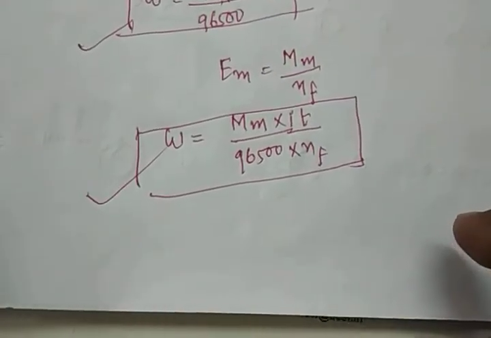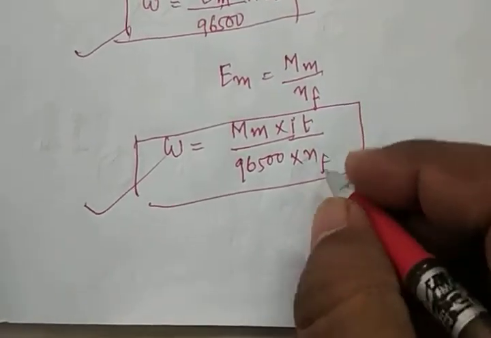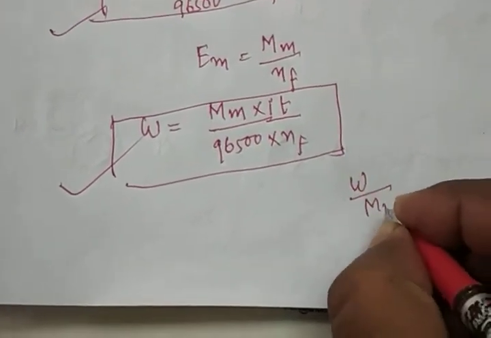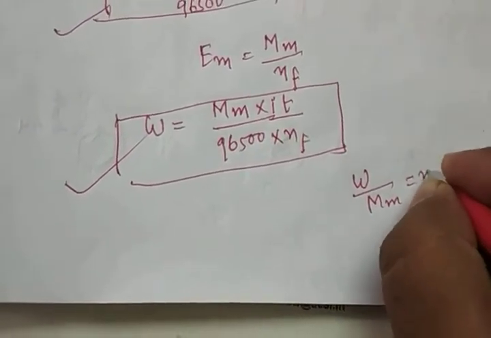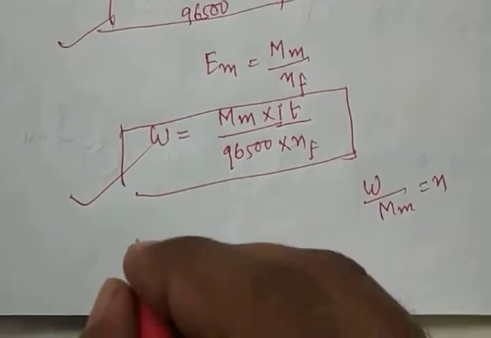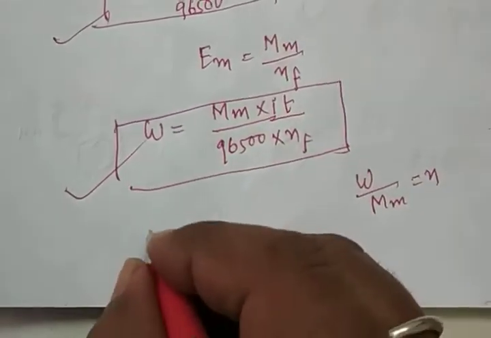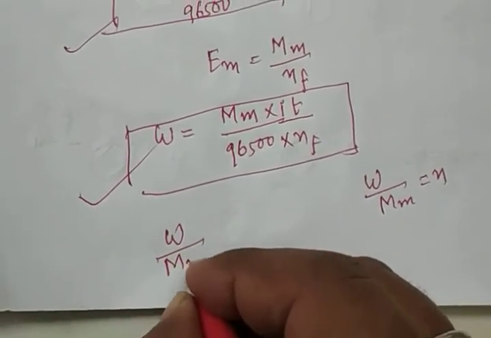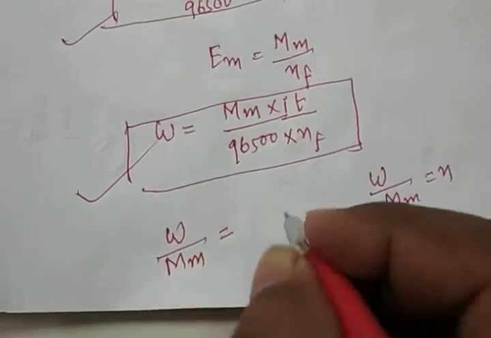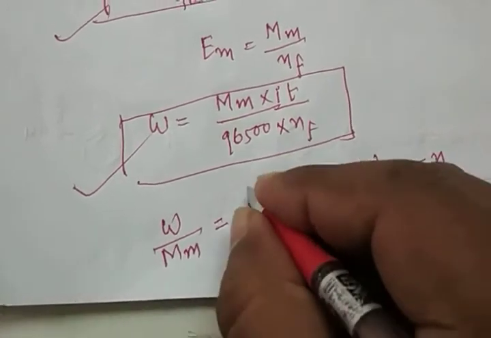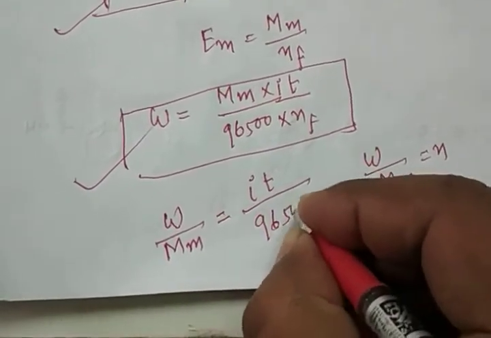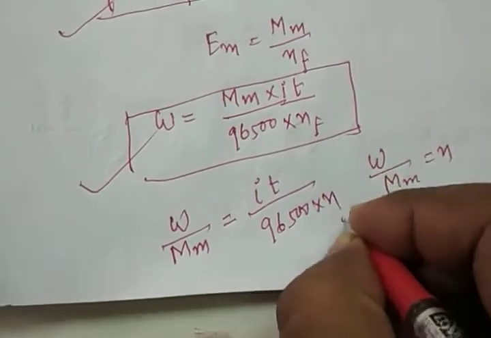Okay, you know very well mass upon molar mass is what? Number of moles. So W is equal to W upon M, where M means molar mass, into I into T upon 96,500 into n factor.